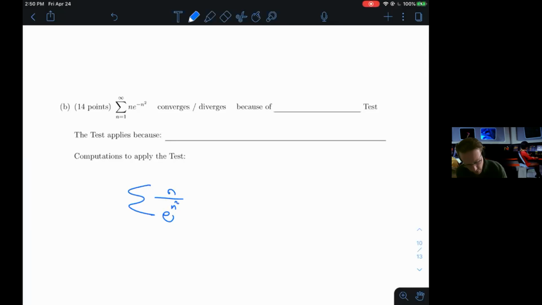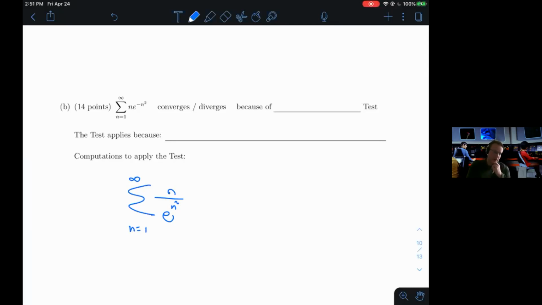So I want to rewrite it like this, just to see what we're doing here. I'm thinking down the list of what we went over in 11.7, strategies for these series. How do we tell whether it converges or diverges?